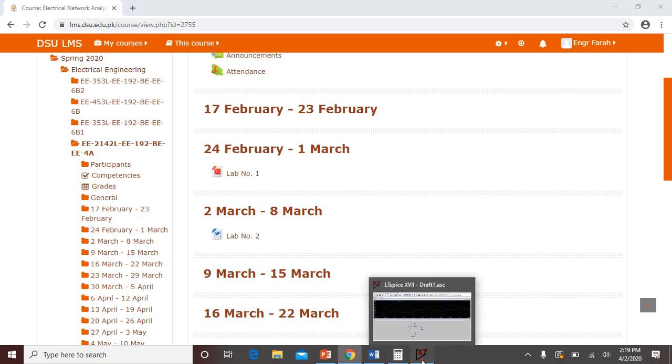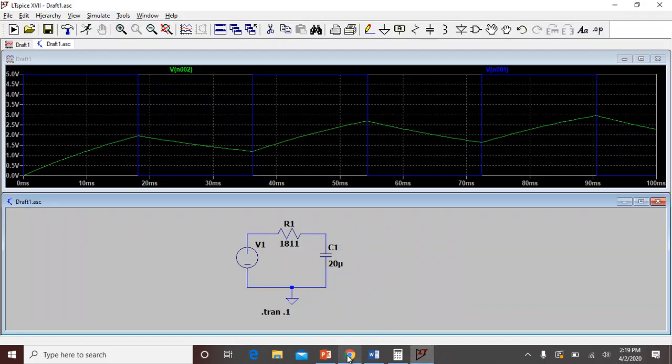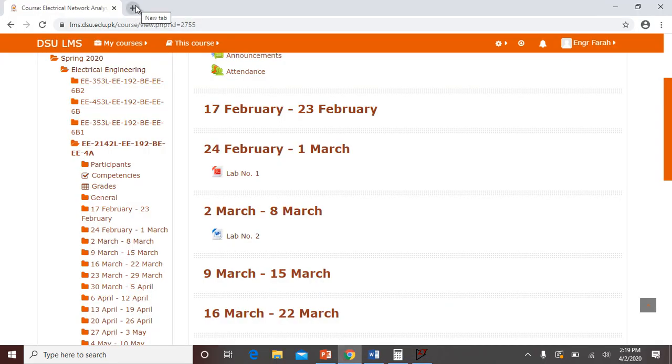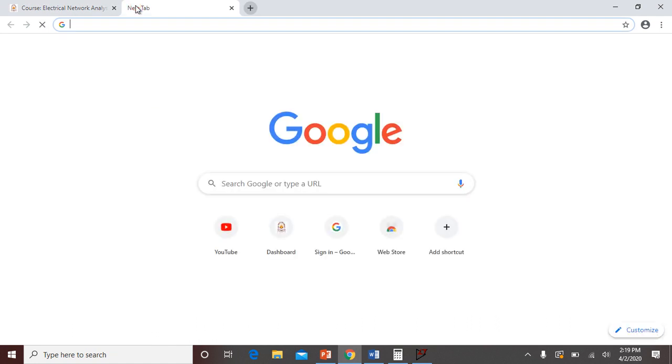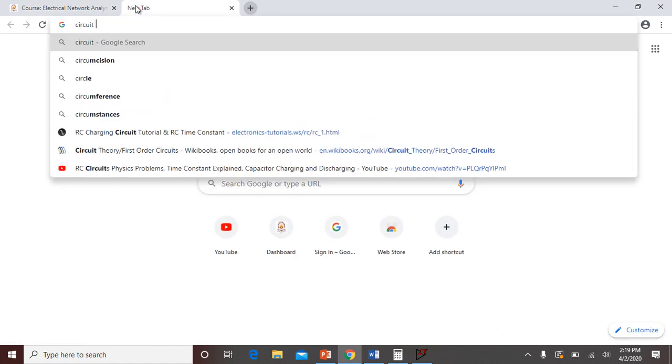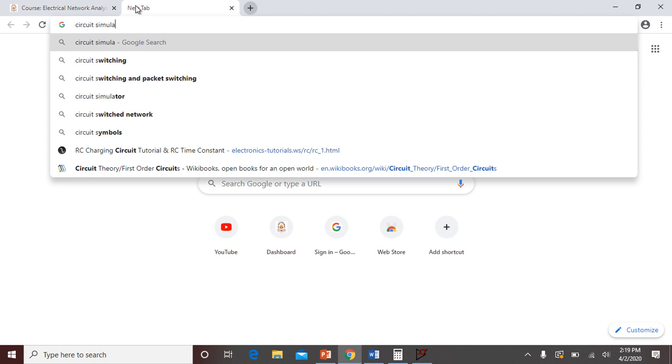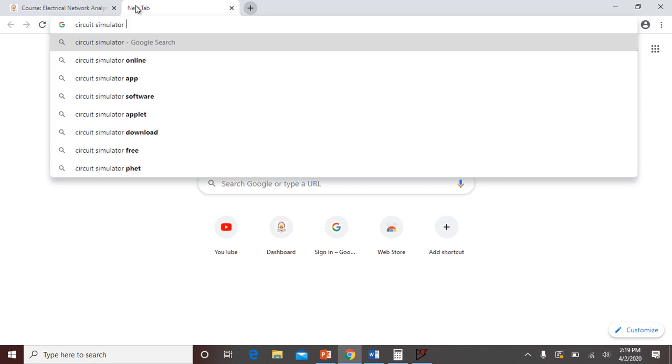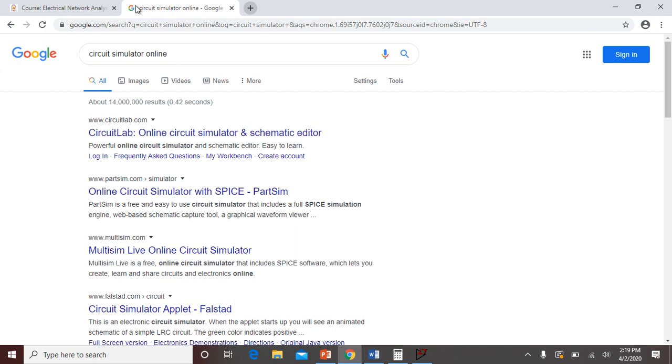For the simulator, you can search for a circuit simulator or any simulator. There are many online simulators present, you can explore. So this is CircuitLab. You can also explore it. There are multiple other software as well.